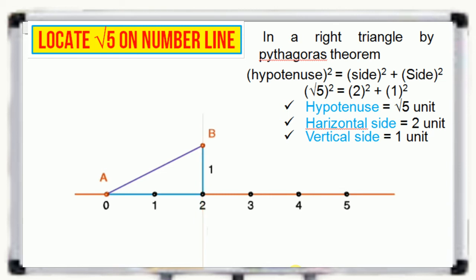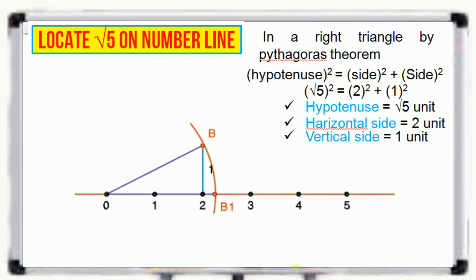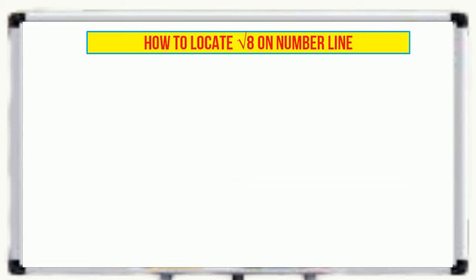Now with the use of a compass, you have to draw an arc with radius AB, root 5 units, and center as 0 or A here. Now join A B1. So A B1 is also root 5 units of length, because it is the radius of the arc.